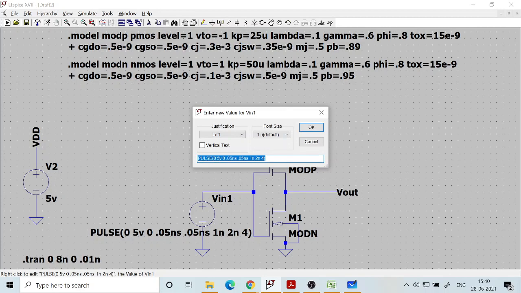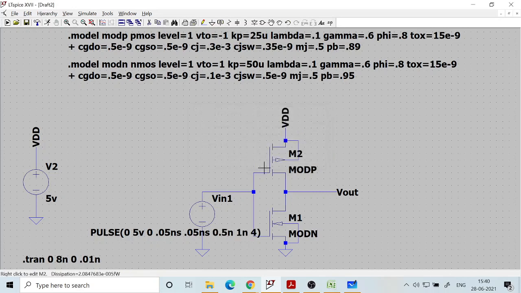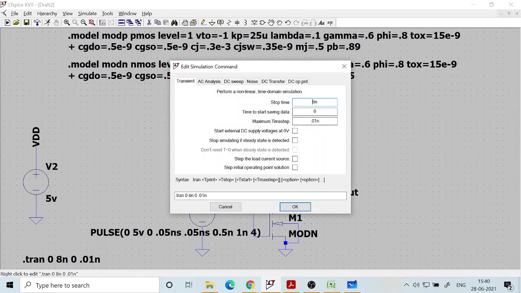So let's make the period 1 nanosecond, and on time 0.5 nanosecond, and the transient analysis we will do till 4 nanosecond.